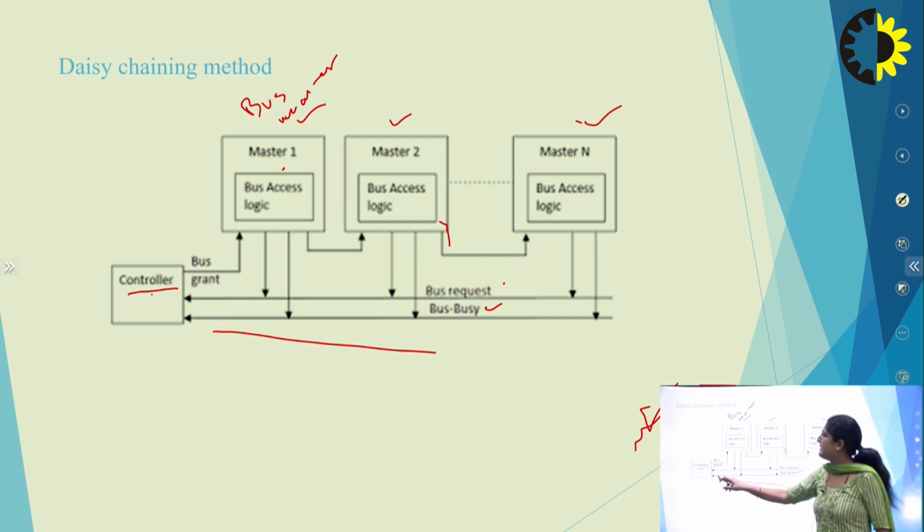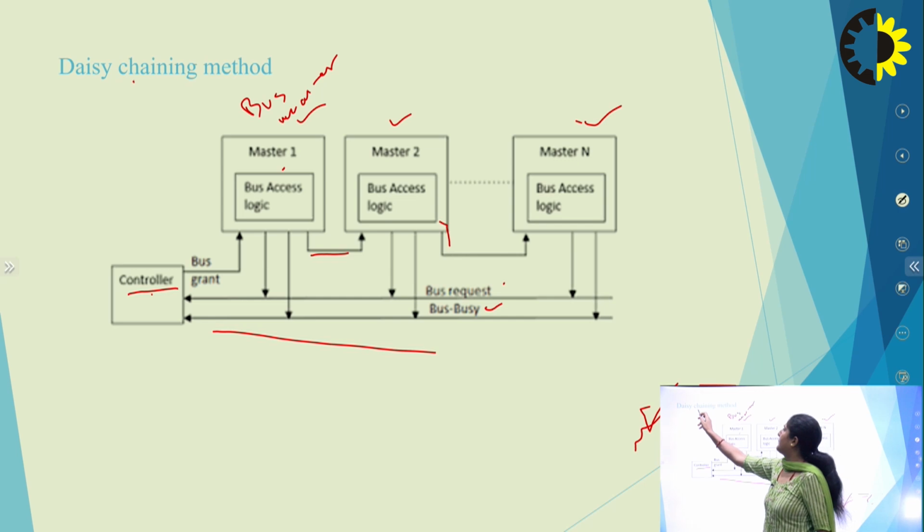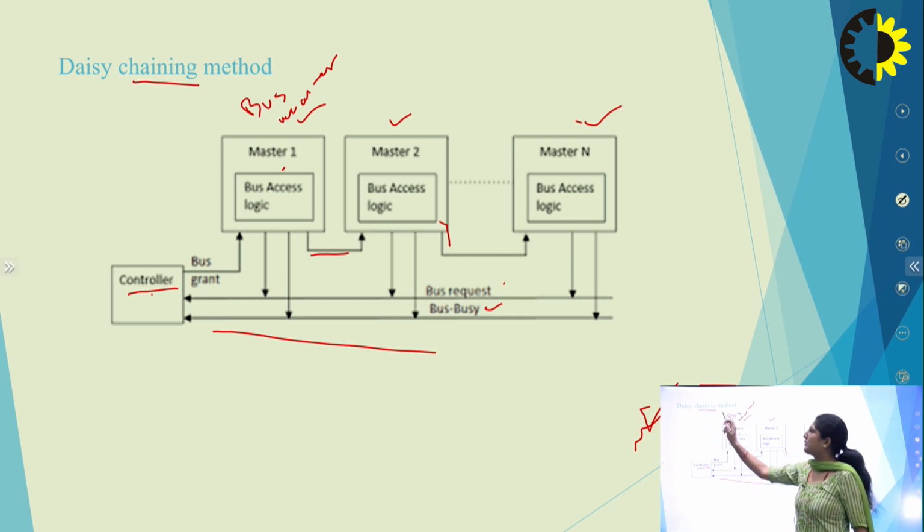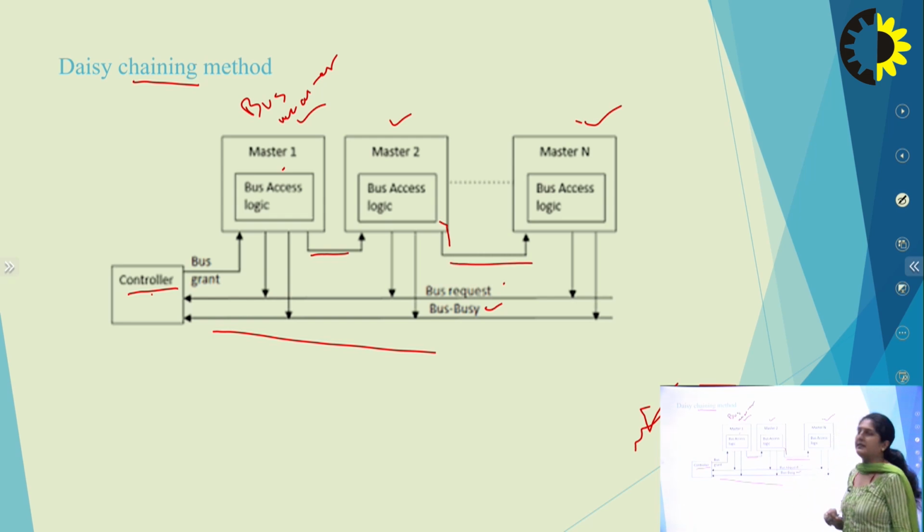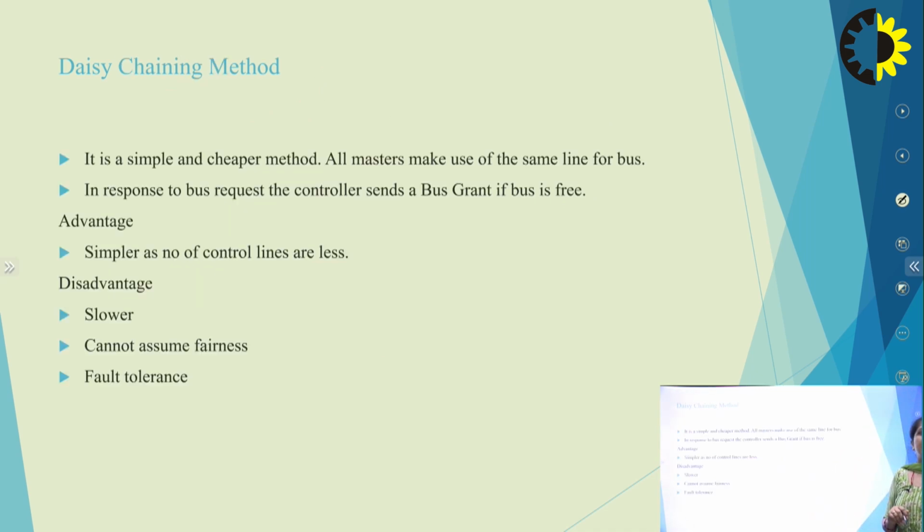In this method, the devices are connected in a chain, as the name daisy chaining suggests. All the masters are connected in a chain, which is why we call this the daisy chaining method.